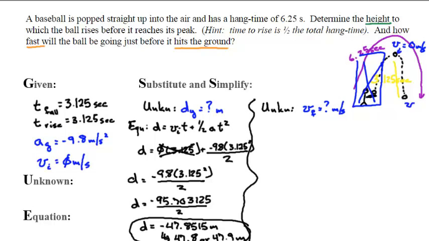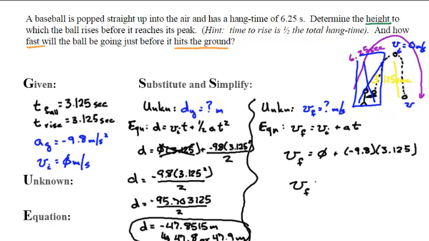The other side of the problem, if I'm looking for velocity final, the equation that I'm going to use is velocity final equals velocity initial plus the acceleration times time. The velocity final I don't know, so I'm going to write it again. My velocity initial is 0 plus negative 9.8, and the amount of time is 3.125.